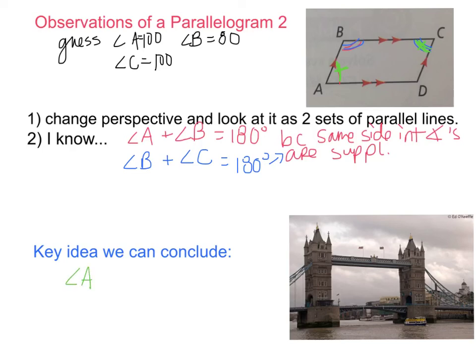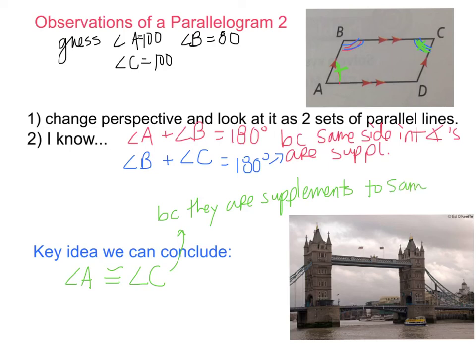Angle A is congruent to angle C. And I know that because, I'm going to write this up here, because they are supplements to the same angle. And that kind of came from our example right here.